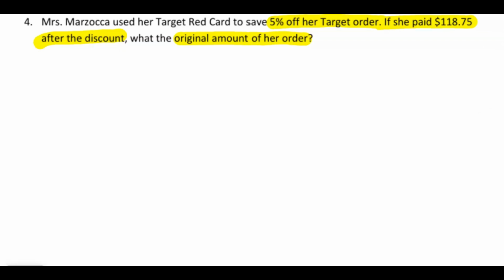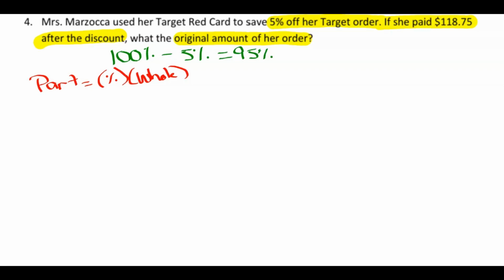So on this question, we're going to start with the 100% minus 5%, which means she's paying 95%, as we just mentioned, of the original price. And we're going to use the percent equation on this one. So let's go ahead and write that. So there goes our formula. Again, keeping in mind, if we're going to be using this, our percent gets changed into a decimal in this formula. So it goes in there as 0.95.